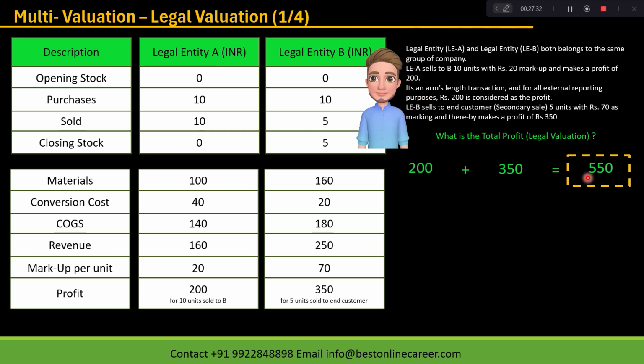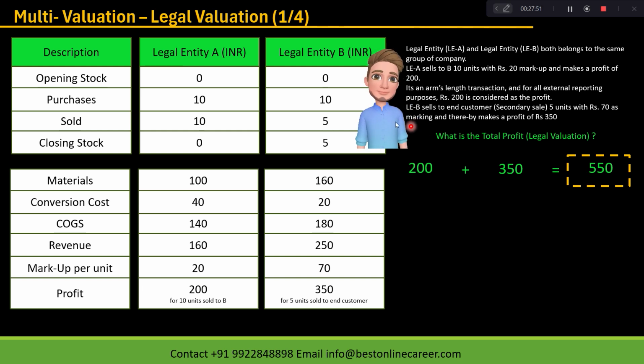Now from a group perspective, have you sold 10 units externally to external customers? No. You have sold only 5 units. The 5 units are still lying in legal entity B in the stockyard, right?